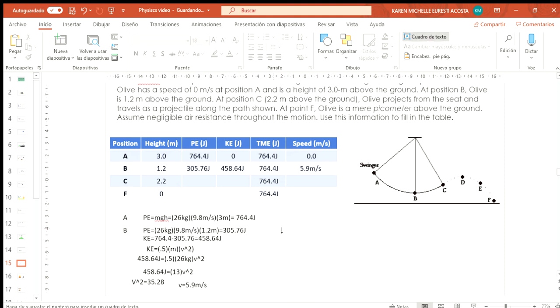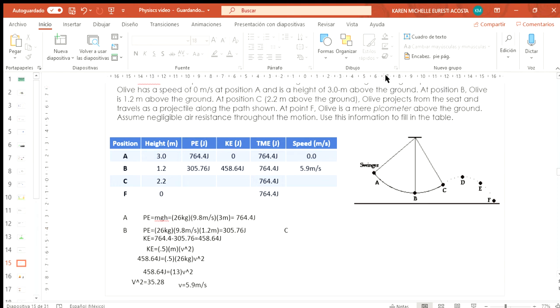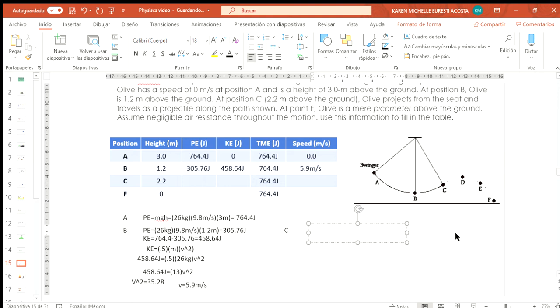Now for position C, we basically will do the same thing. We use the potential energy first: 26 kilograms times 9.8 meters per second squared times 2.2 meters.